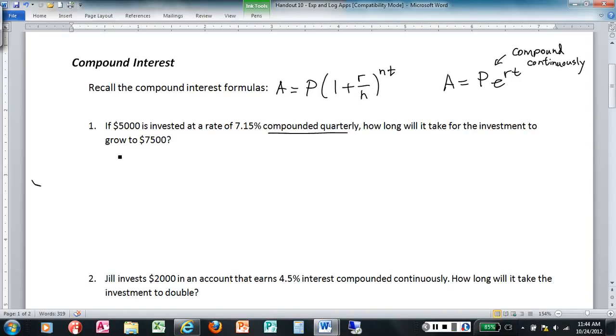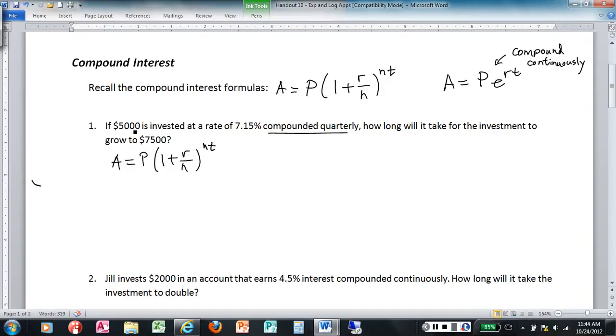We're going to use A equals P times (1 plus R over N) to the NT power. All right, so let's start by using that one. We'll start by figuring out where the different pieces go. We've got $5,000, so where does that go?